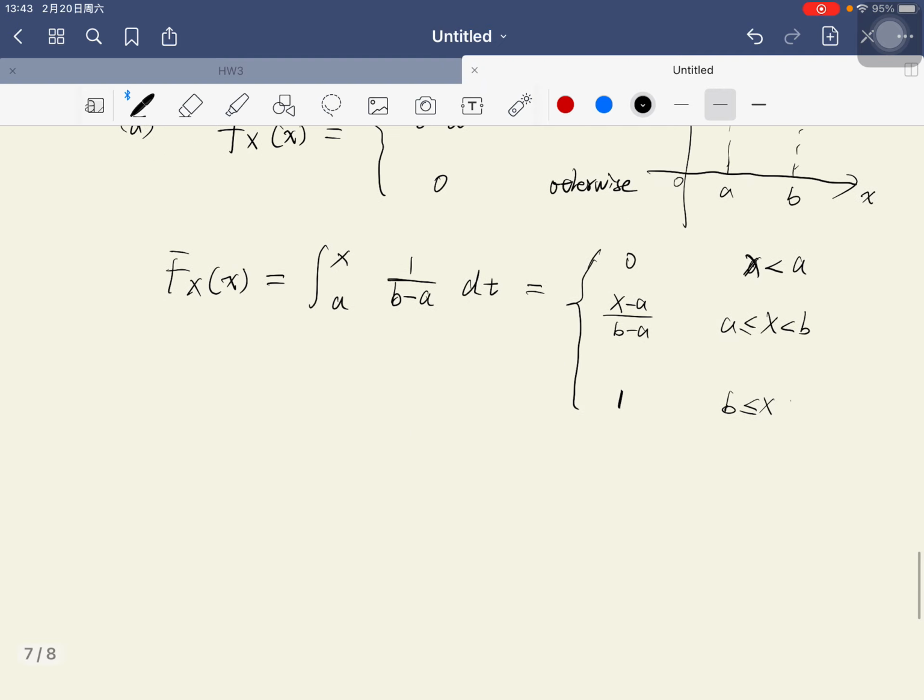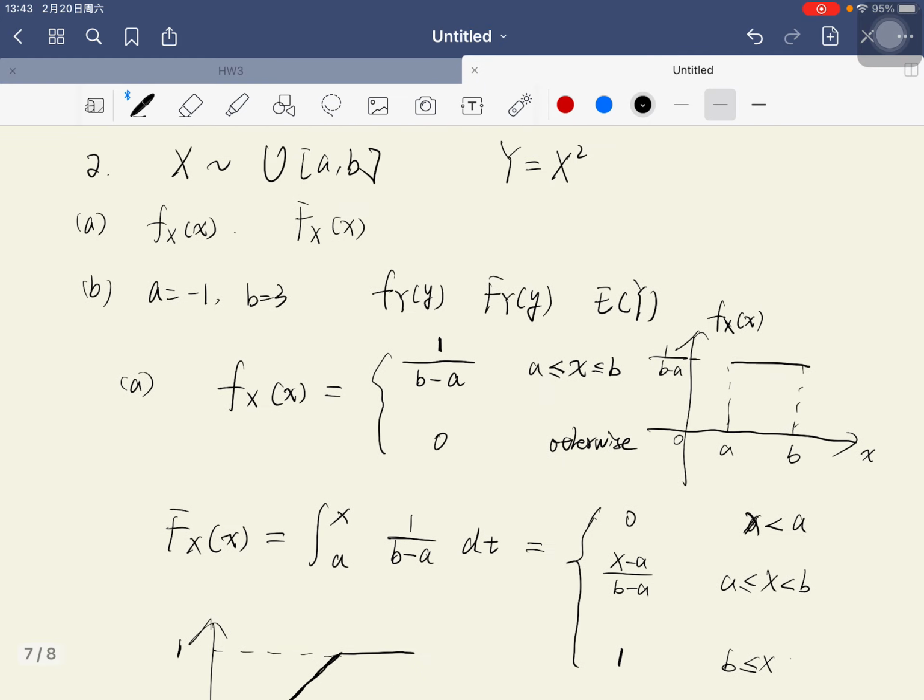So we could draw the distribution function graph: smaller than a it is 0, bigger than b it is 1, and from a to b it is a line. So this is the graph of the distribution function of X.